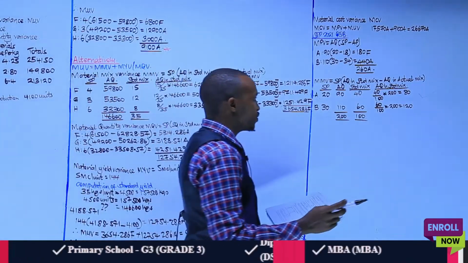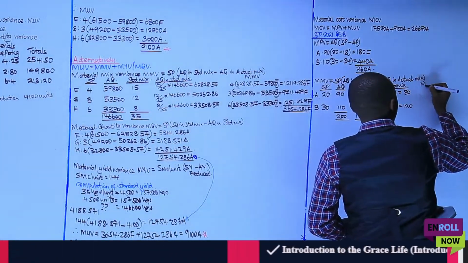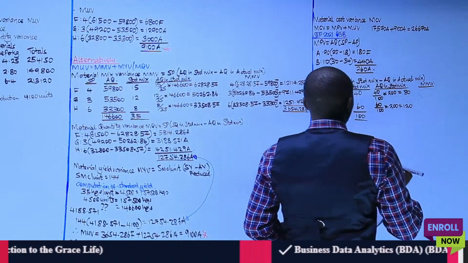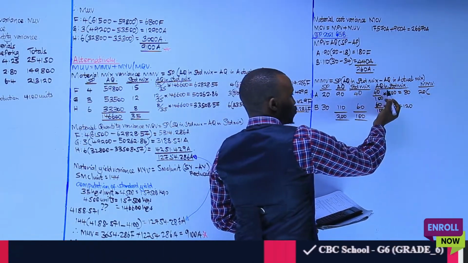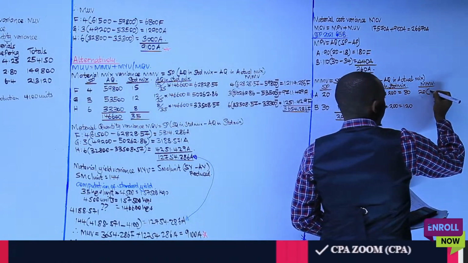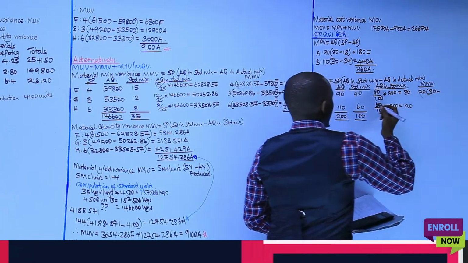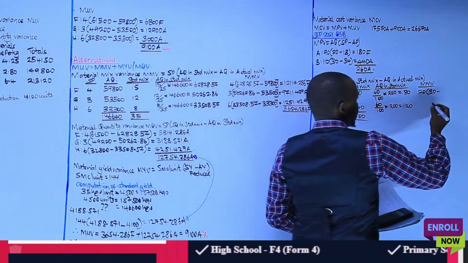So let's get your material mix variance here. Your standard price is 20. Actual quantity in standard mix is 80 minus an actual quantity of 90.